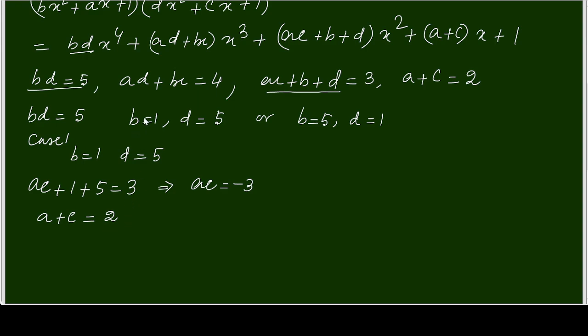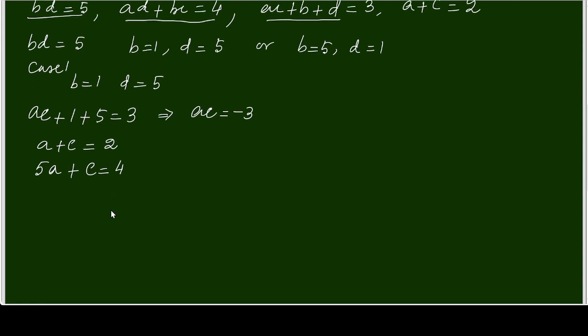Then I can put the same in the second equation, or there are many methods you can solve it. a into d, d is equal to 5. So 5a plus b into c, b is equal to 1, plus c equals 4. I'll solve these two equations. I'll get 4 times a equals, subtracting, we'll get 2.